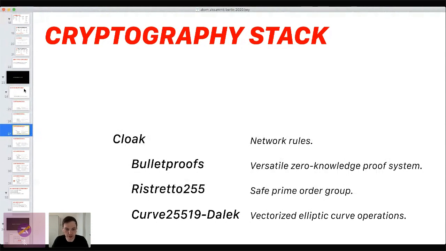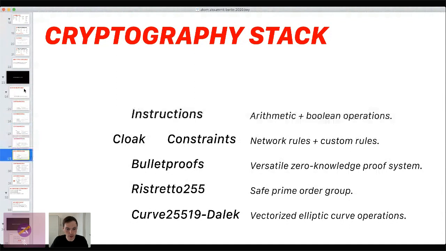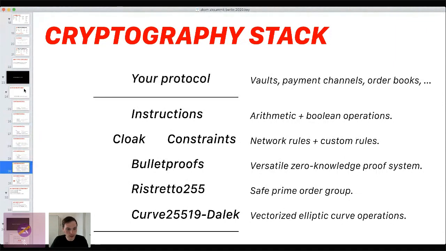So Cloak makes sure that the network rules of integrity are maintained while offering you confidentiality in terms of directing the asset flow. At the same time, we use the same constraint system in bulletproofs to create custom constraints within the contracts. And to do that, we use the instructions of the ZkVM to drive this. So Cloak is one instruction, and all the other instructions allow you to do the custom formulas that you use in the contracts. Finally, on top of all of that, you can build your own protocol.